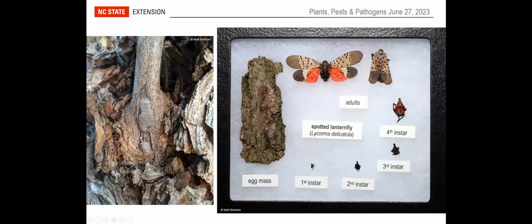I took this photo in Delaware, where the infestation is present. The eggs hatch, and they go through 4 instars. The early instars are black with white dots, and the later instars are red. The adults are these moth-like creatures with beautiful spotted wings and red hind wings, or at least partially red hind wings.